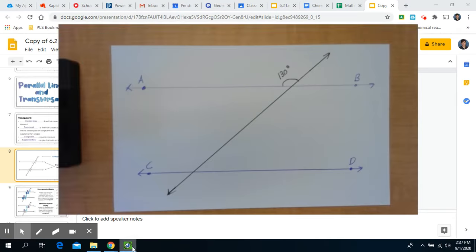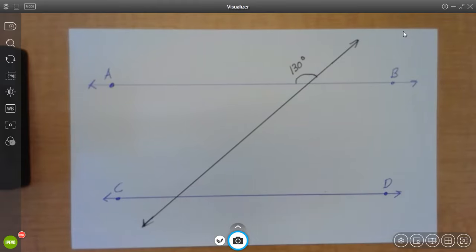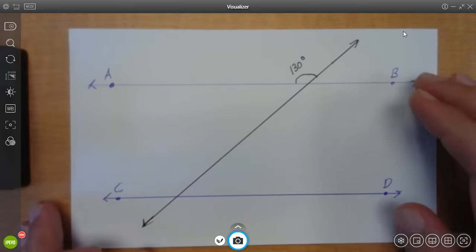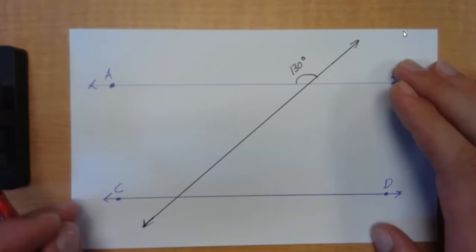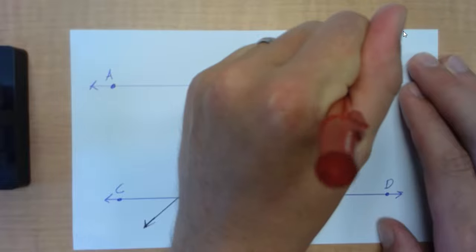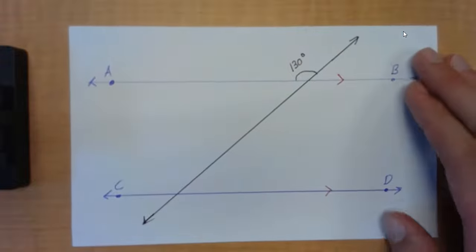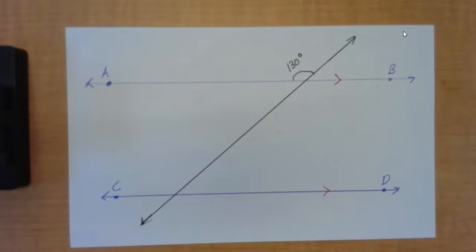So I just want to go over some vocabulary and how we can tell that two lines are parallel. There are several ways in geometry that we can note that lines are parallel. The first one is by just marking the parallel lines with arrows. So if you ever see a picture with these markings on it, it means the two lines are parallel. We can also make a little sentence from it.